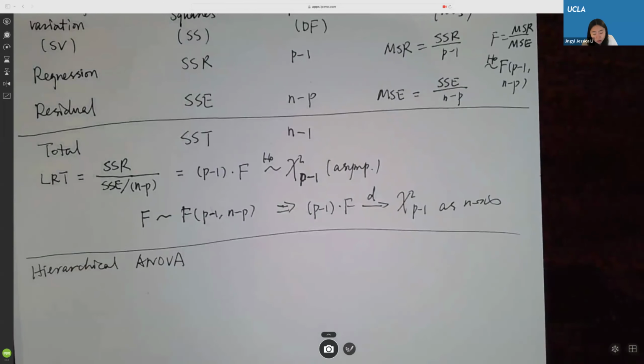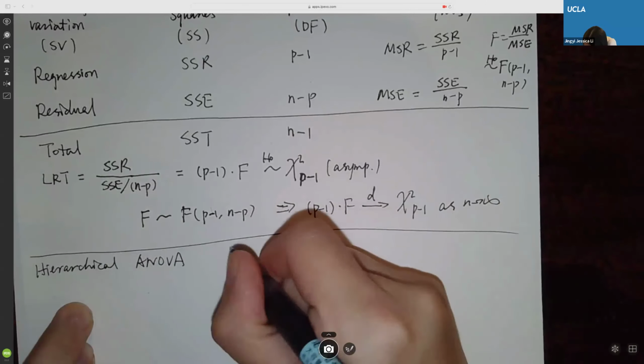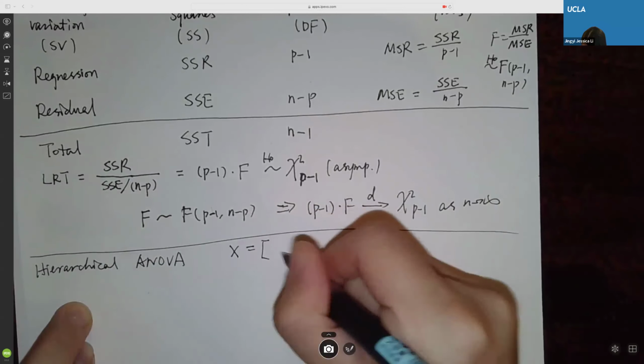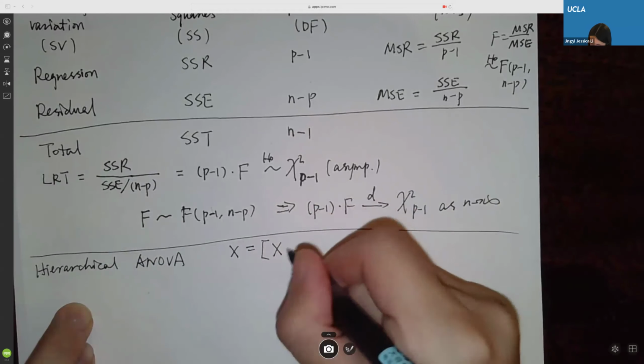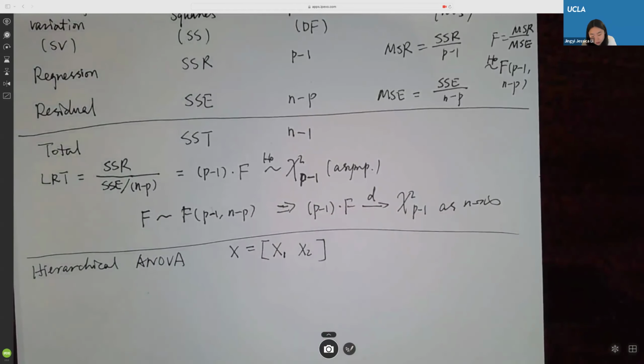We're comparing two linear models, one with only a subset of predictors. If our design matrix is written as two column submatrices stacked together, X1, X2, then X2 means the predictors that are additional, whether you want to include them or not.